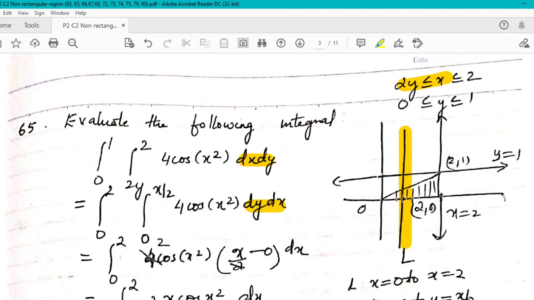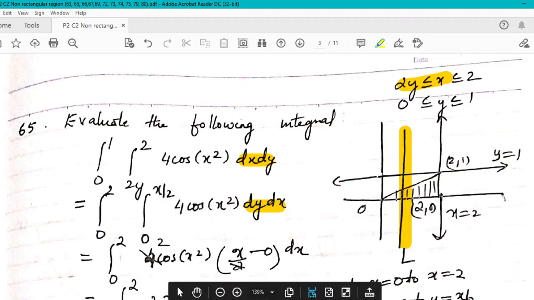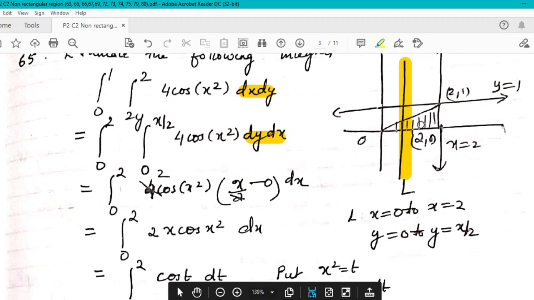So we can see that this line touches this region first at this point. At this point, what is the value of y? This is the x-axis, so at this point the limit of y is 0.